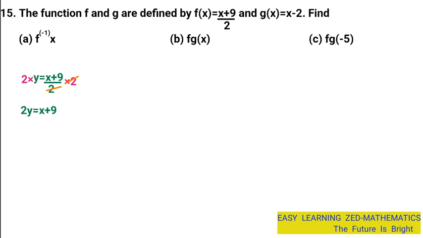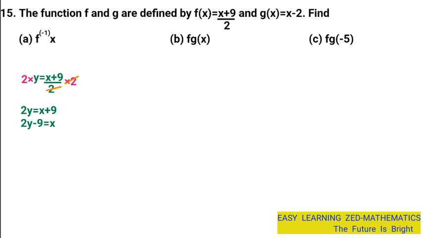Once I've done this, the next thing I'm going to do is make x the subject of the formula. So I'm going to write 2y, then our 9 is going to cross the equal sign and go where there is 2y, so it's going to be minus 9, which is equal to x. Now I've come up with this expression. Then I'm going to rewrite this so that the x is on the left side.